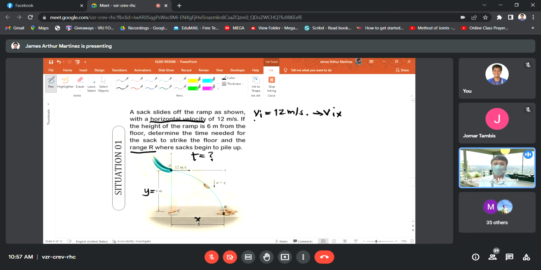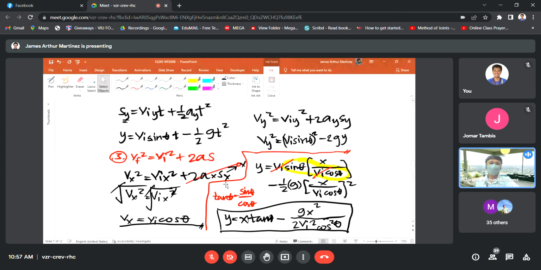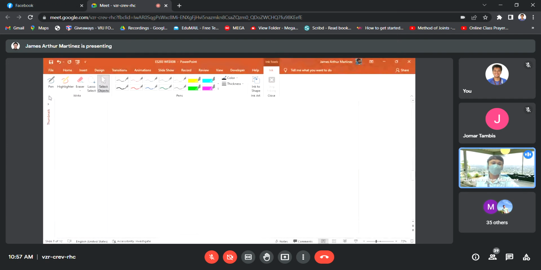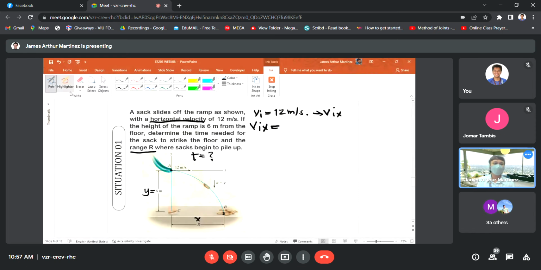To prove that point, let us consider this as our initial velocity. How do we determine VIx? To compute for VIx, we have VI cosine theta, in which VI, our initial velocity, is 12 meters per second, and theta is the angle of inclination.